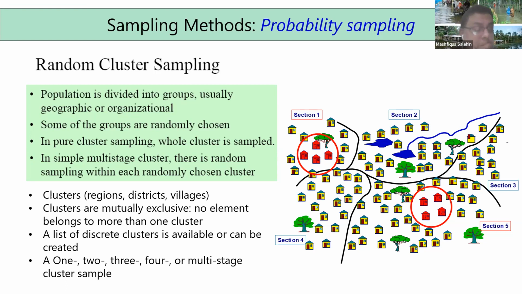For example, so first, you are grouping your population into, say, districts, and then you are selecting the districts which have the highest population, the highest density of population.